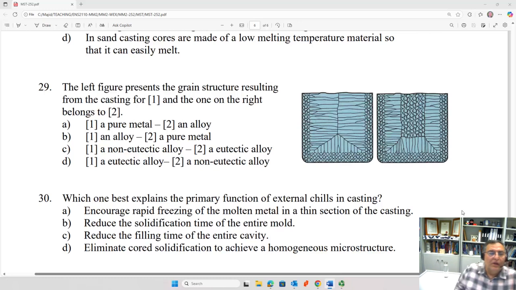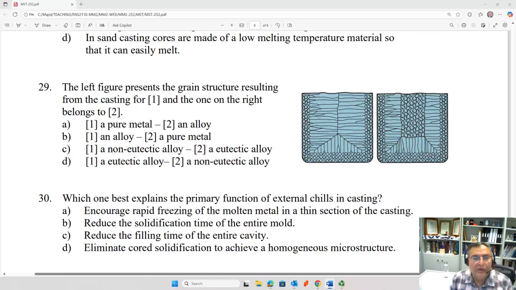And the last question, which one best explains the primary function of external chills in casting? A, encourage rapid freezing of the molten metal in a thin section of casting. Well, this is correct. B, reduce the solidification time of the entire mold.